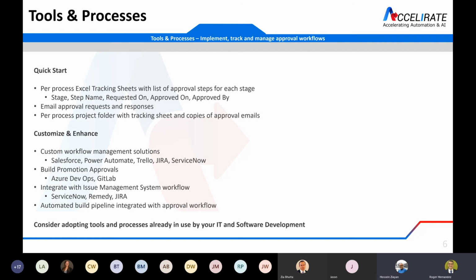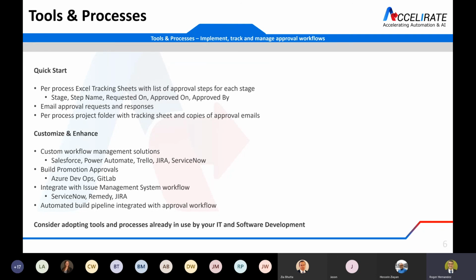Other tools to look at on the CI/CD, the automated build and deployment, is integrating Azure DevOps or GitLab with your workflow management solution. And finally, sometimes your issue management system and workflow is separate from your discovery, analysis, and development workflow. So potentially there's an integration point between the tools, but some of the systems out there that do this are ServiceNow, Remedy, and sometimes Jira is also used for this.